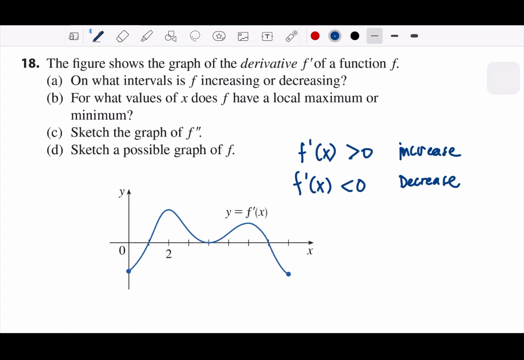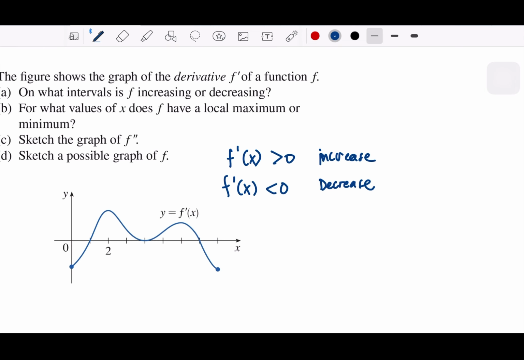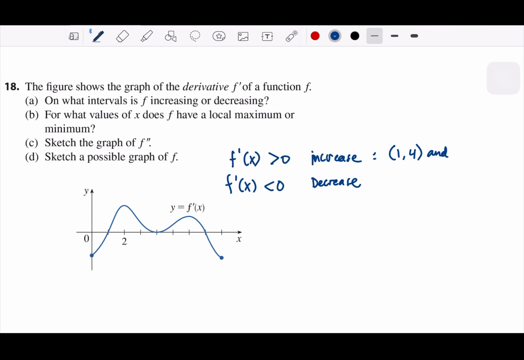I think it's safer. So increasing is on 1 to 4 and 4 to 7.